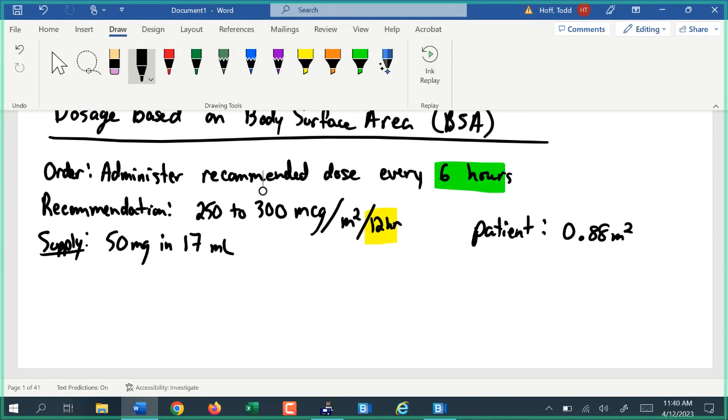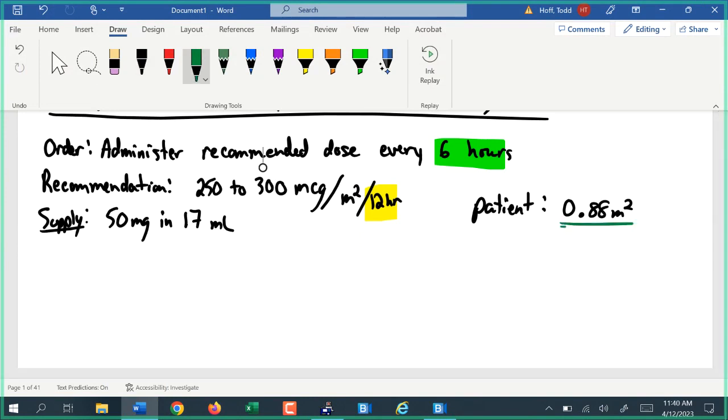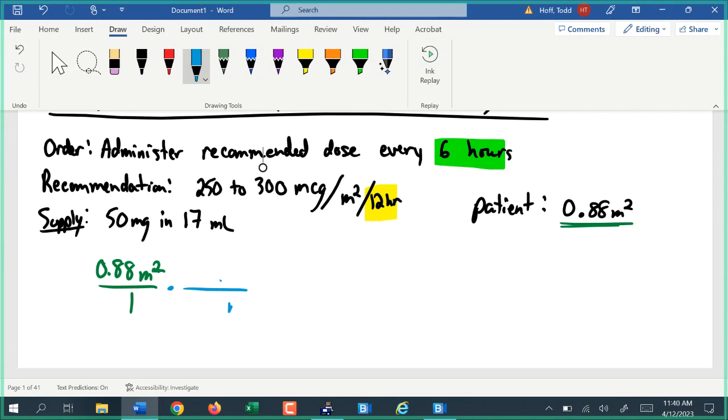The average adult is somewhere around 1.2, 1.3 meters squared of total body surface area. So this is obviously a smaller person or a youth. So we start with the characteristic of the patient, the 0.88 meters squared. And we'll put that over 1 just like we always do to start off our calculations. And we need to get rid of the meters squared, so I'm going to put meters squared on bottom.